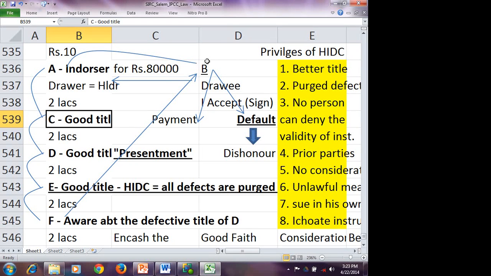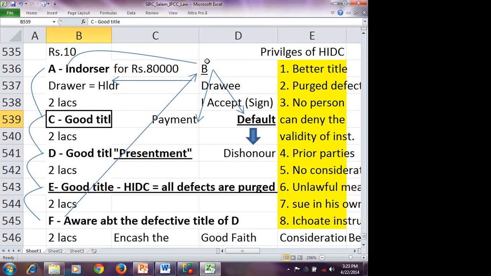Can he recover the entire 2 lakhs? Even if you are a holder in due course, you can recover only 1 lakh, because no person can recover beyond the stampage value. So if a bill is not adequately stamped, it suffers from legal invalidity. The court will enforce only up to the stampage value, not beyond that.